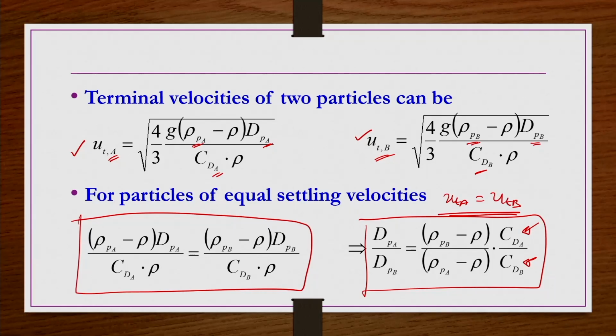Let us say in the mixture we have some particles whose terminal velocities are equal. Though their densities and sizes are different, there will be some range of sizes of A type and B type for which the terminal velocities are the same, UTA equals UTB.